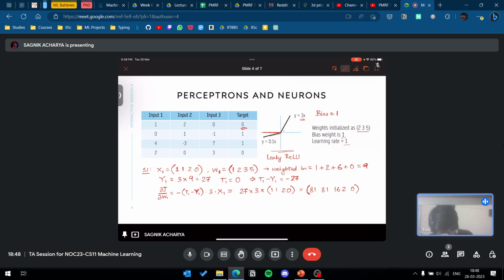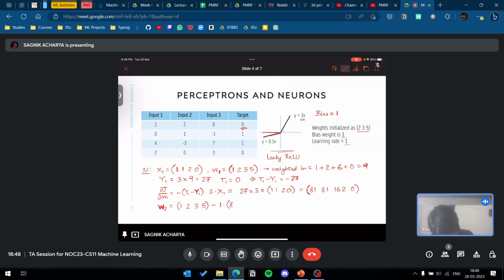And finally, if I want to update my w1, so my w1 gets updated to w2, right? So for the next step, I will use these new weights. So w2 is equal to the initial weight vector 1 2 3 5 minus the learning rate, which is 1, times the del j by del w1.